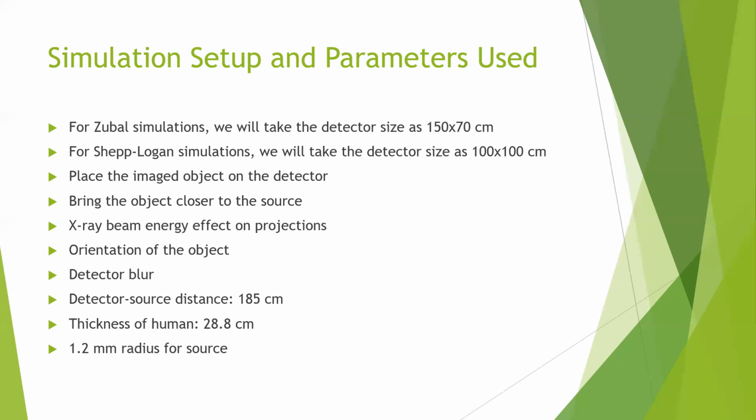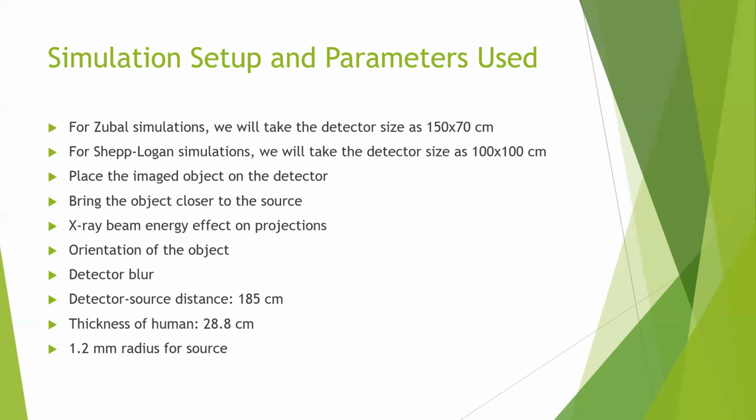We'll first place the imaged object on the detector, and then we'll bring the object closer to the source to see the effect of the distance between the source and the object on the projections. We're also going to look at the X-ray beam energy effect on the projections and the orientation of the objects as posterior to anterior and anterior to posterior.